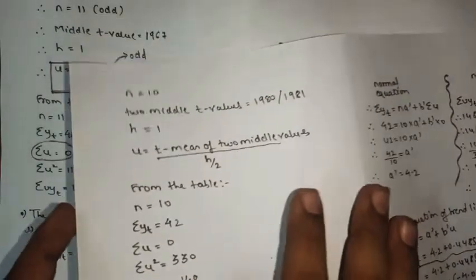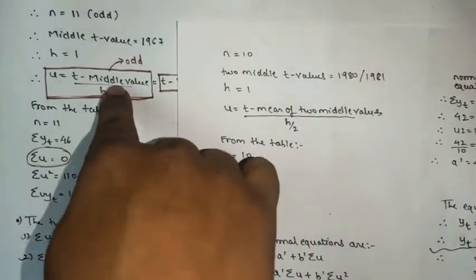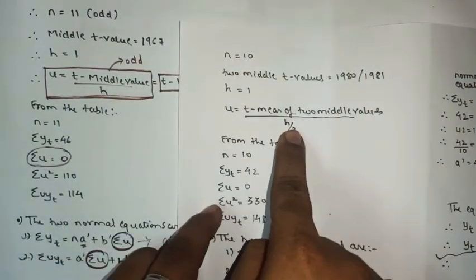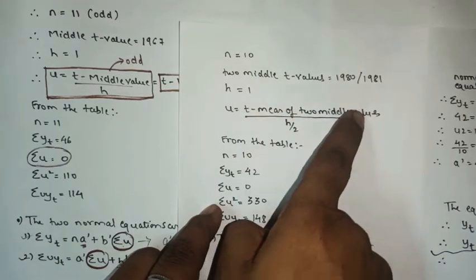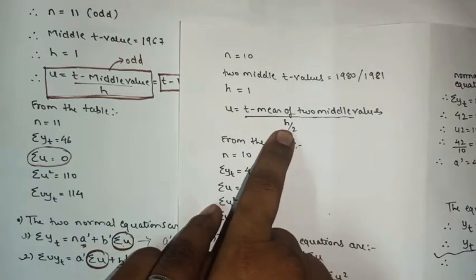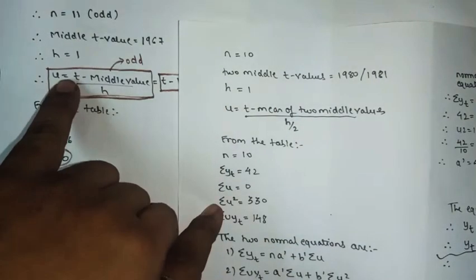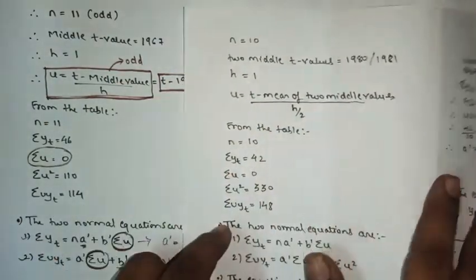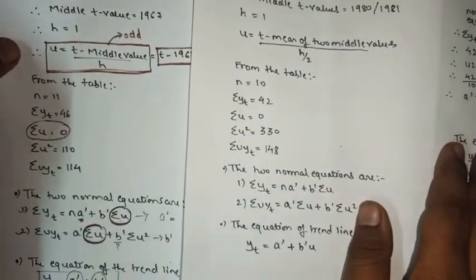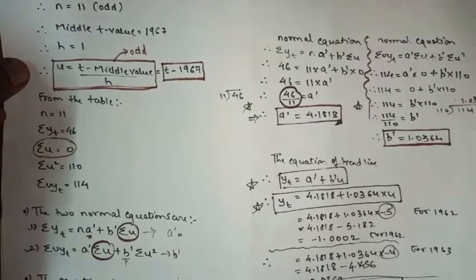The change is only one thing, the formula for odd and even. So this is the formula for even: t minus mean of 2 middle values upon h upon 2. For odd, the formula is t minus middle value upon h. That's the change, and the rest, when you see the presentation part, is almost the same.